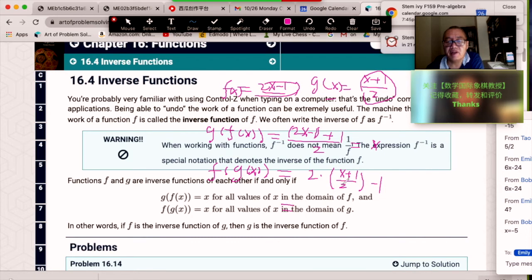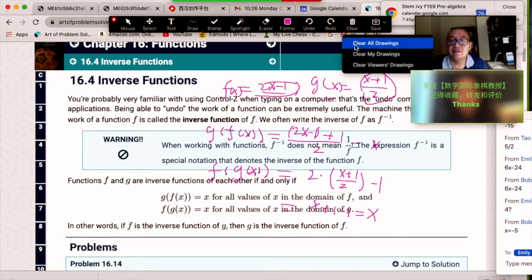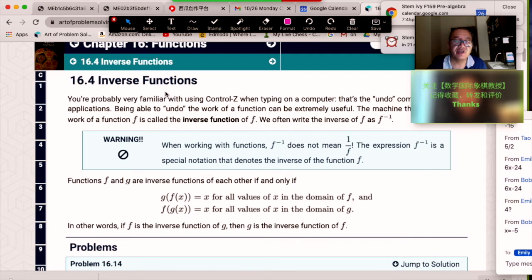So you multiply here, you got x plus 1, then minus 1. So you got this one equals x. See, these two are both satisfied. So that means the inverse function of 2x minus 1 is (x plus 1) over 2. Okay, so now let's do some examples here.